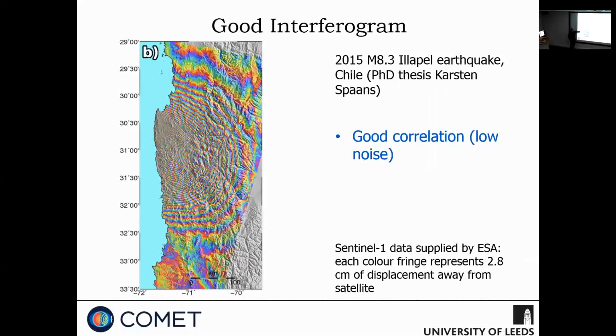So you can really see the fringes, count up the fringes almost by eye. The other thing is, the signal is really dominated by deformation. So you can take this interferogram and process it alone and actually get the information you want, essentially deformation.